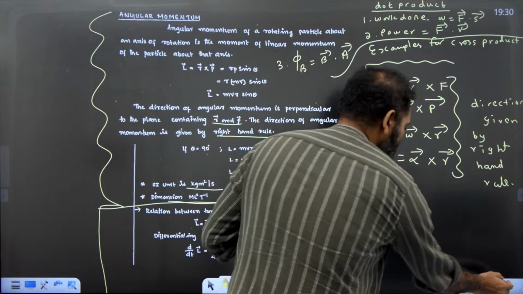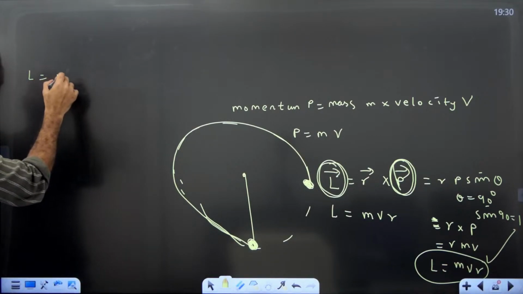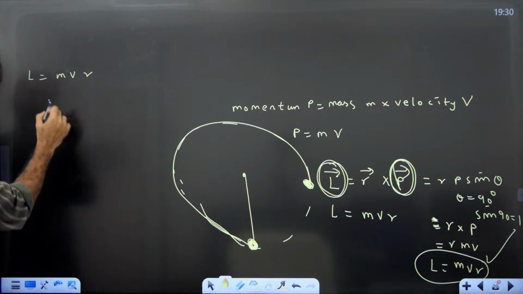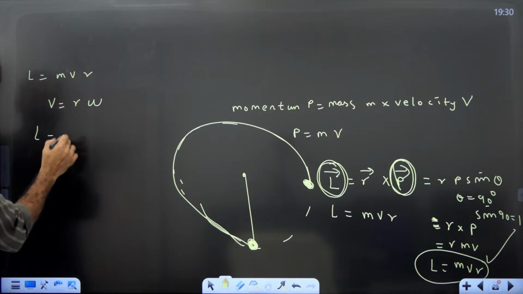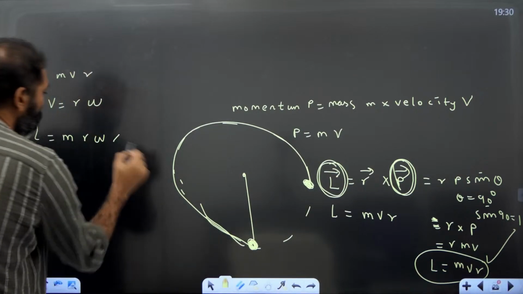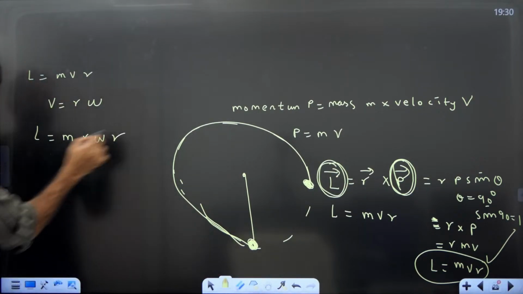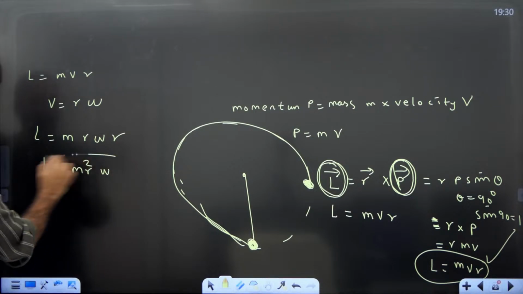Then I think in the next portion you have doubt. See, L equal to MVR. But in the second chapter we know V equal to R omega. So L equal to M into R omega into R. That means L is equal to MR square omega, which is another equation for angular momentum.